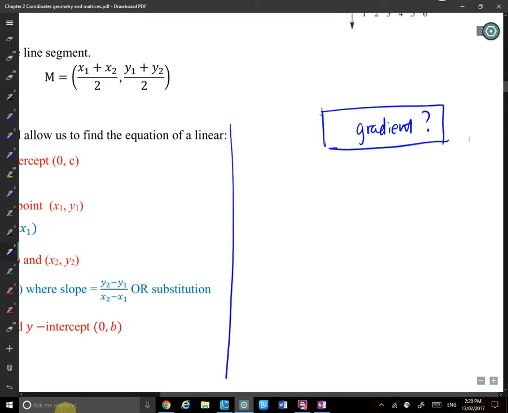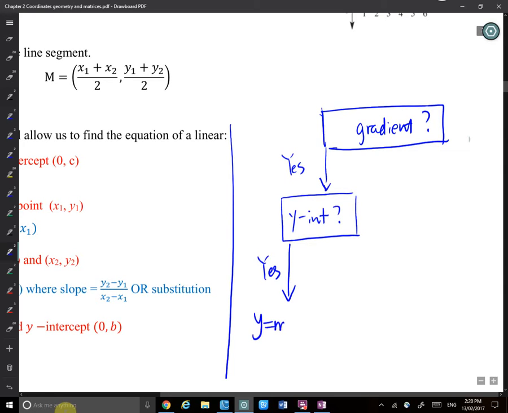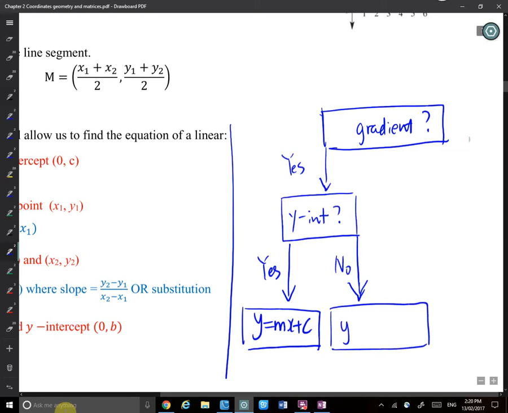If it's yes, we think about whether we know the y-intercept. If that is a yes, we will use the y equals to mx plus c form. If that is a no, we will use y minus y1 equals to m x minus x1.